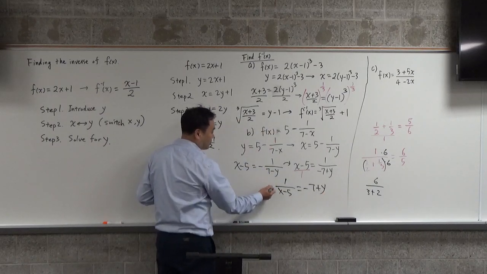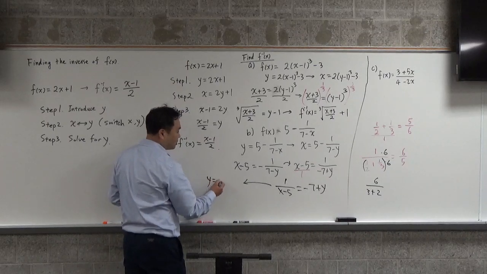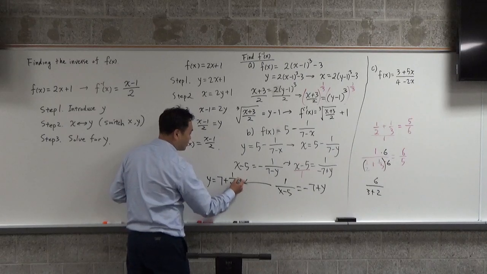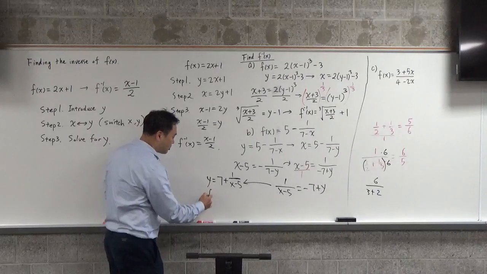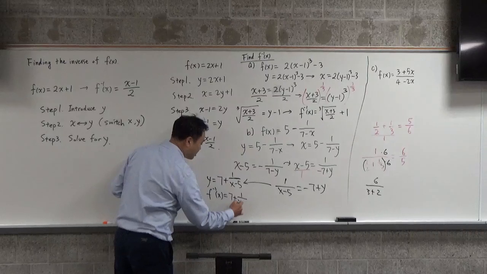And now what would be the solution if I solve for y? y would be 7 plus 1 over x minus 5, right? That's the answer. Or I really have to say f inverse of x is 7 plus 1 over x minus 5.